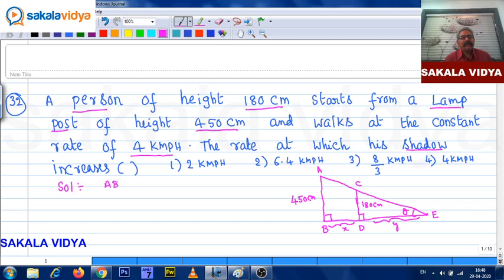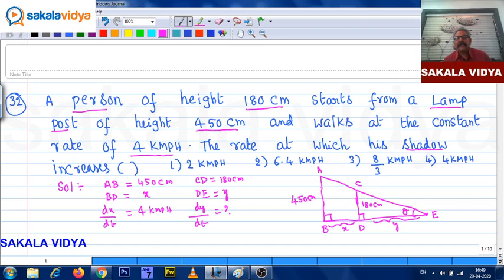AB is equal to 450 centimeters, and next CD is equal to 180 centimeters. Let BD is equal to distance travelled by the person x, DE is equal to length of the shadow y, and dx by dt is given. Dx by dt is equal to 4 kmph. Now dy by dt is equal to question mark.